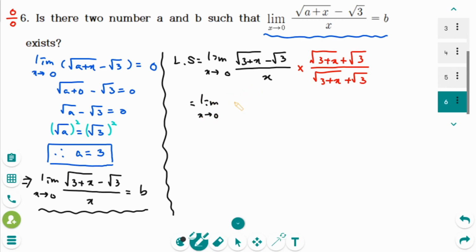Then expand the numerator: square root of 3 plus x squared minus the square root of 3 squared, over, and keep the factored form in the denominator, so x times square root of 3 plus x plus the square root of 3.